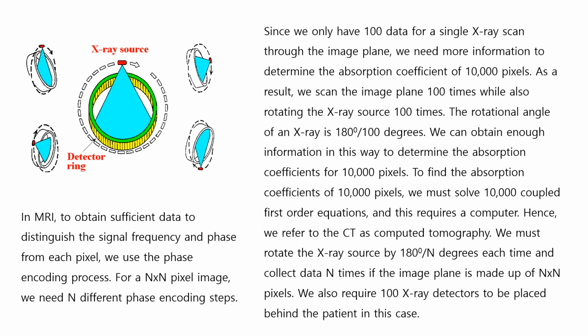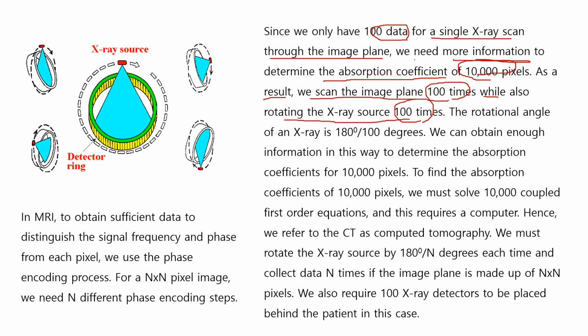Since we only have 100 data for a single X-ray scan through the image plane, we need more data to determine the absorption coefficient of 10,000 pixels. As a result, we scan the image plane 100 times while also rotating the X-ray source 100 times. So we need 100 more X-ray scans.